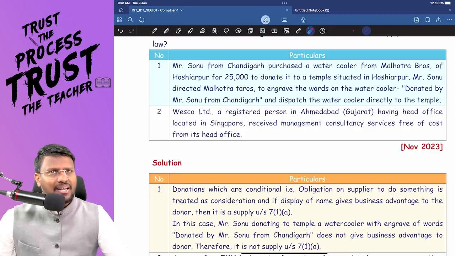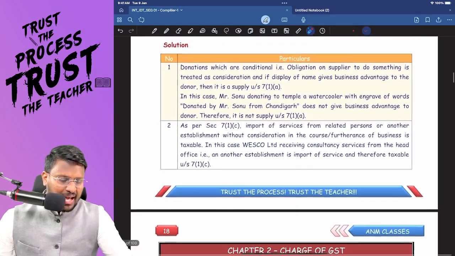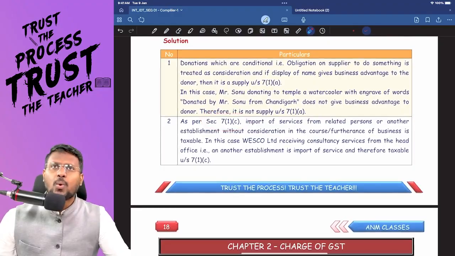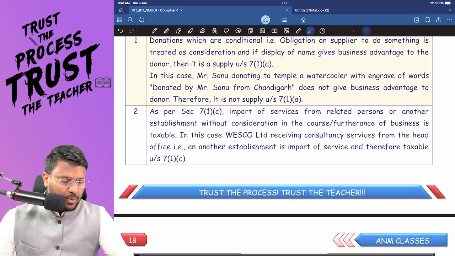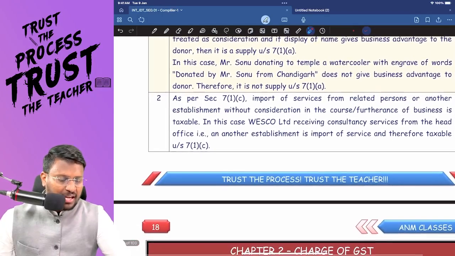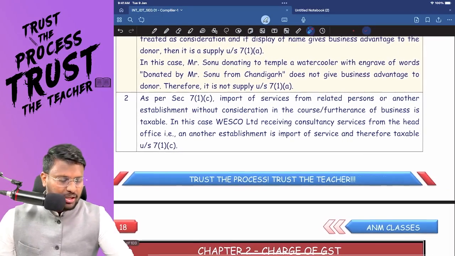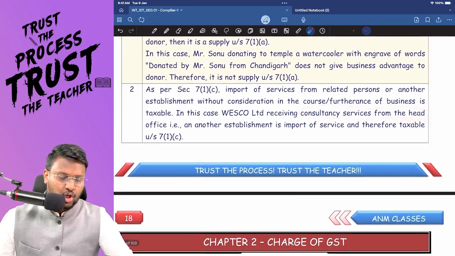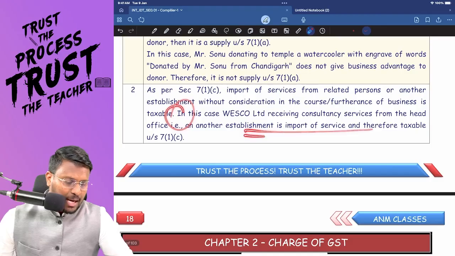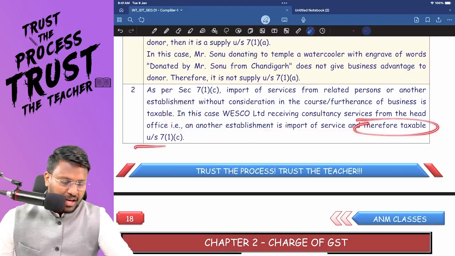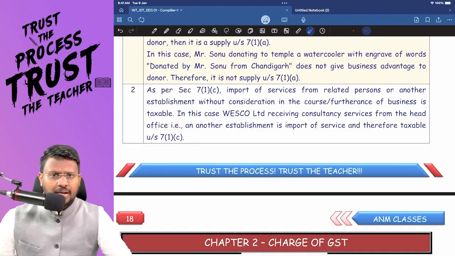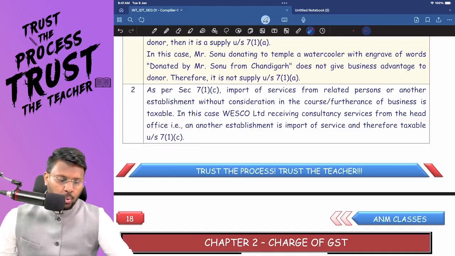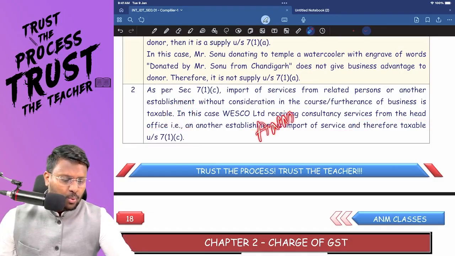Even though without consideration, if it is in the course or furtherance of business, it will be treated as supply as per section 7, subsection 1: importation of services from a related person or another establishment without consideration. In this case, Vesco Limited receives consultancy service from its head office, that is another establishment, so it is import of services and therefore taxable under section 7, subsection 1.